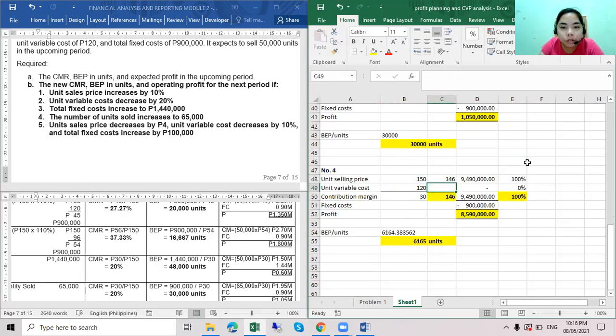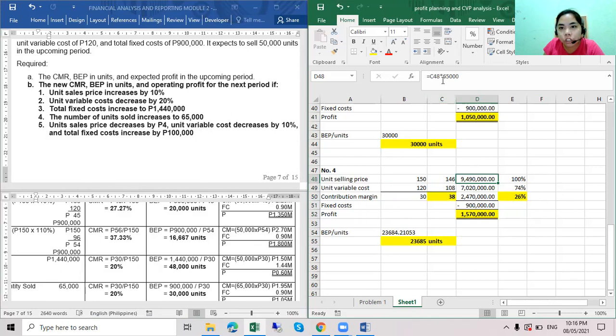Unit variable cost decreases by 10%. So from 120, decrease siya by 10%, 90% na lang. So 120 times 0.9. So this is your new contribution margin, 38 pesos. That's 26%.